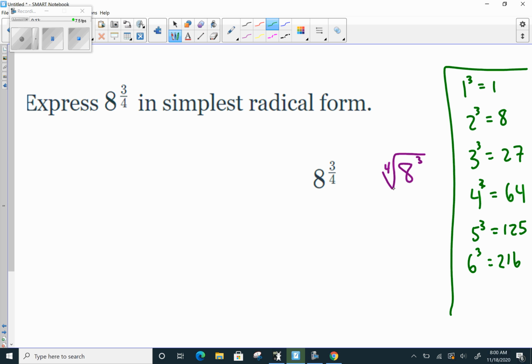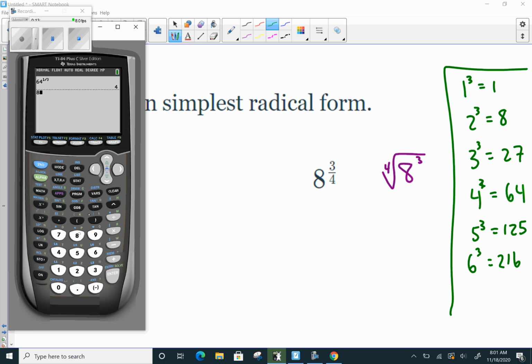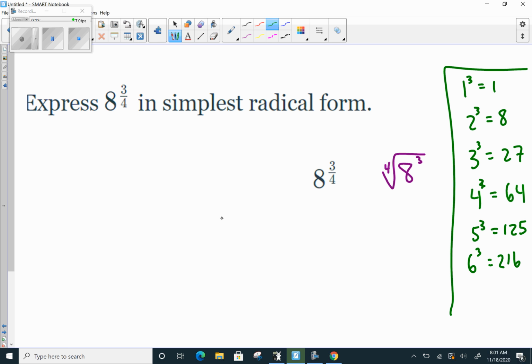That's too big, so you can't really simplify if it's just the fourth root of 8. So what we want to do is 8 to the third power. 8 times 8 times 8 is 512. So we want to rewrite this as the fourth root of 512. And now we have something to go by.